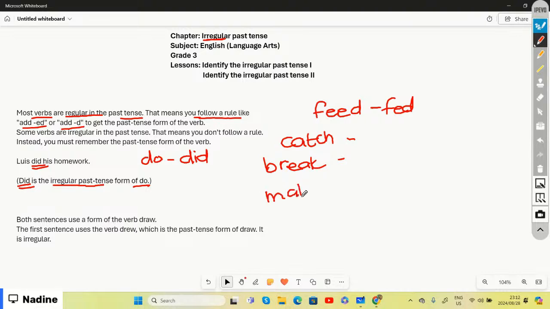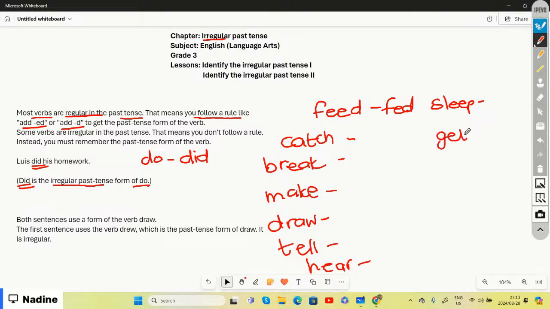Make, draw, tell, we have hear, we have sleep. Okay, let's stop there. Get.